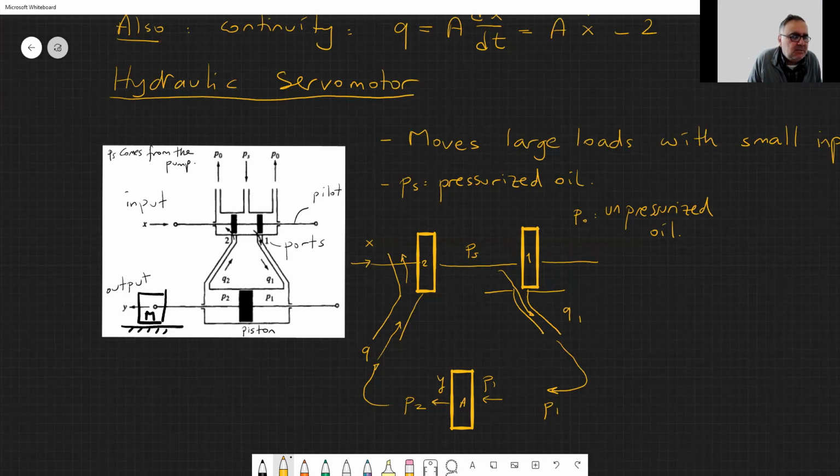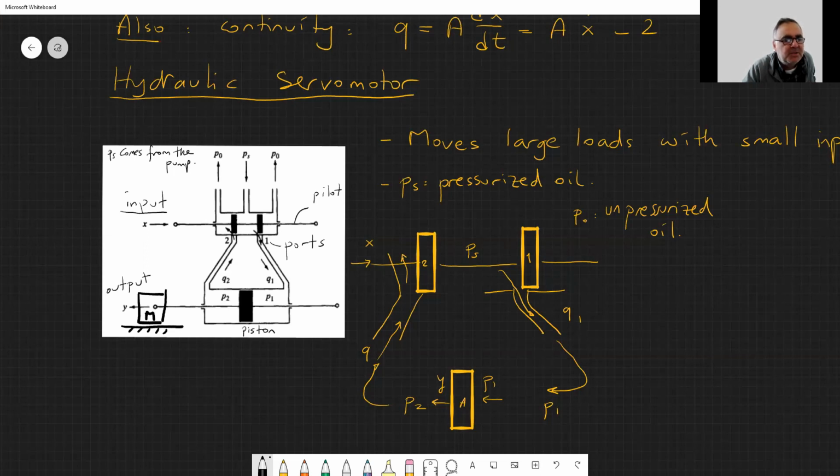You have an input X, okay? Well, there are two inputs actually. One input is our X. We just move this pilot piston. The pilot piston is easy to move because the pressurized fluid PS comes from this direction, and it pushes both ends of this pilot piston.